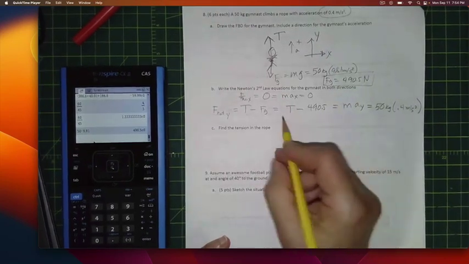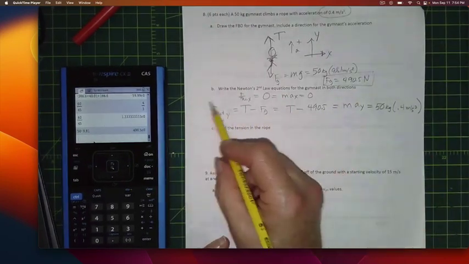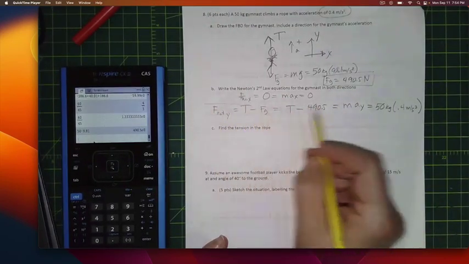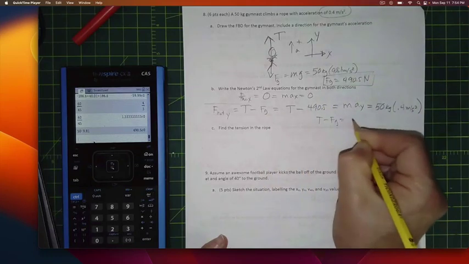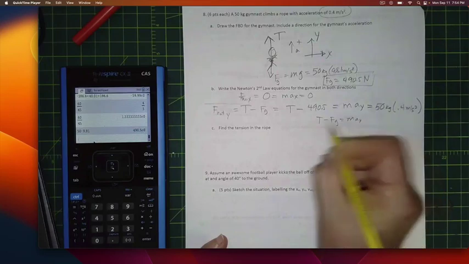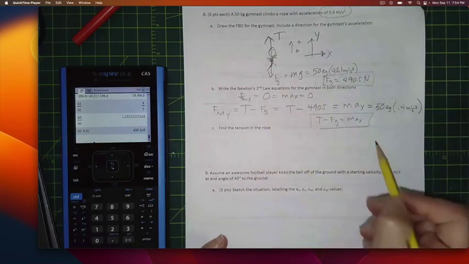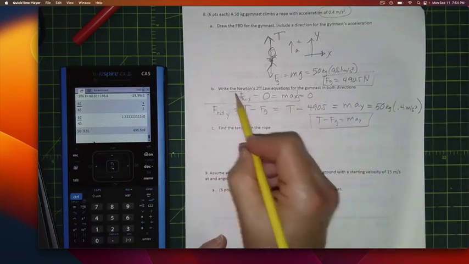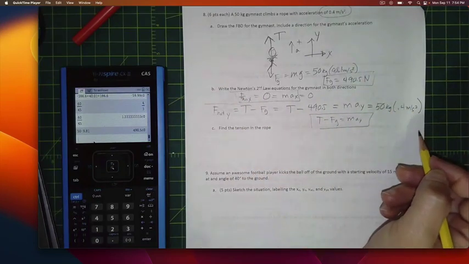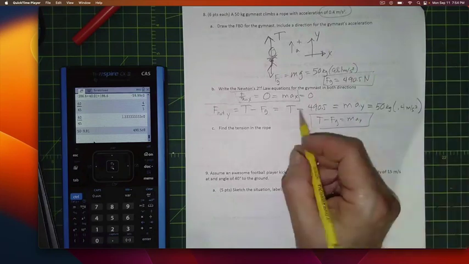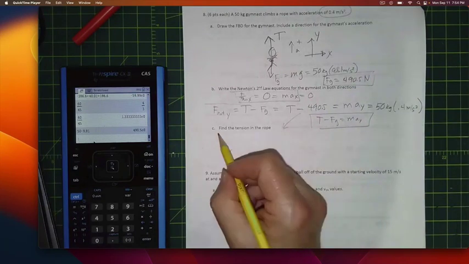All right, and so just writing the equations, T minus F of gravity is equal to m a y is sufficient to write the equations, plus this one. But for solving down here, we're using this information up here. Let's rewrite this down here because it says find the tension now.